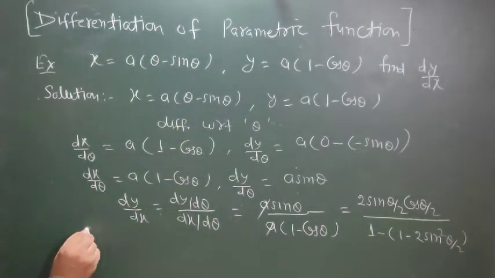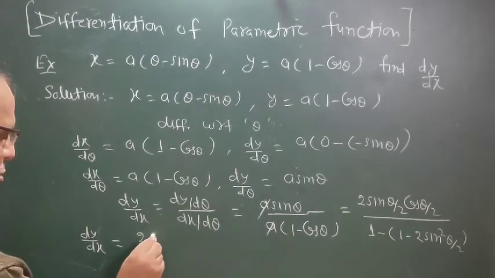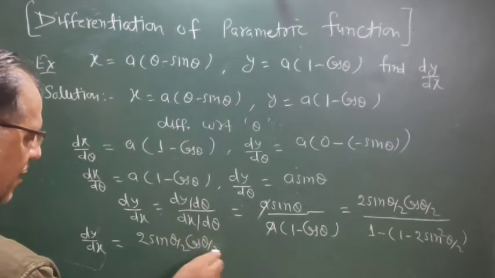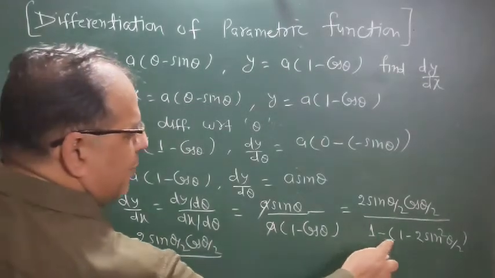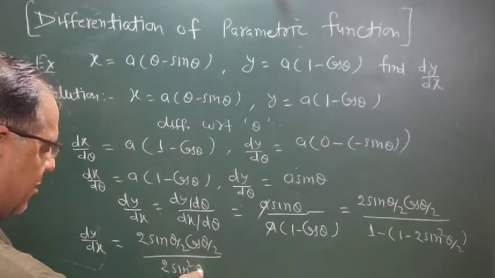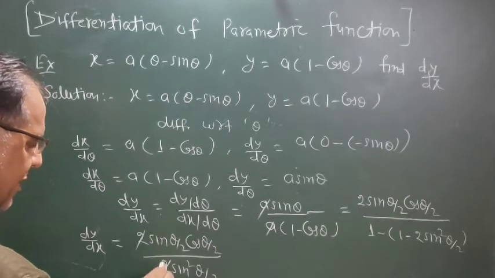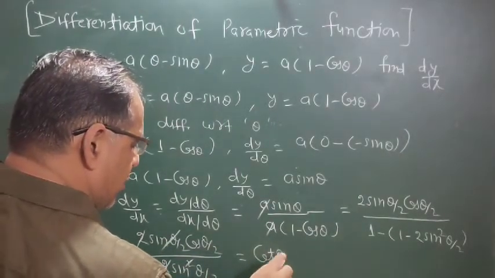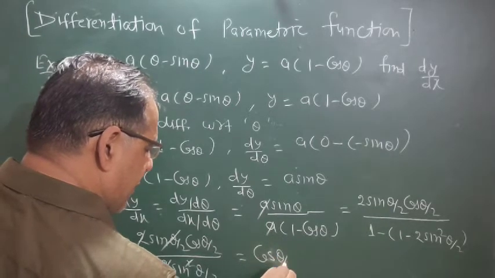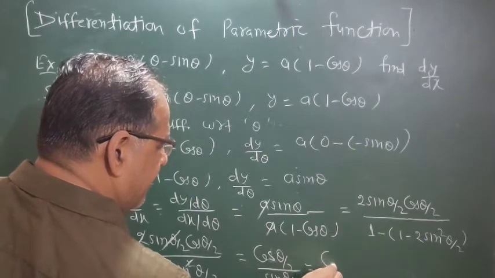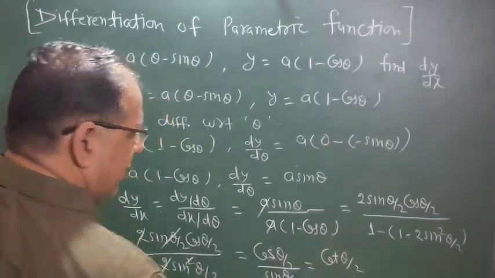So finally dy over dx equals numerator 2 sin theta by 2 cos theta by 2 upon denominator 2 sin square theta by 2. The a's cancel out, 2 and 2 cancel out, sin theta by 2 cancels out. Now we have only cos theta by 2 upon sin theta by 2. So finally we have cot theta by 2.